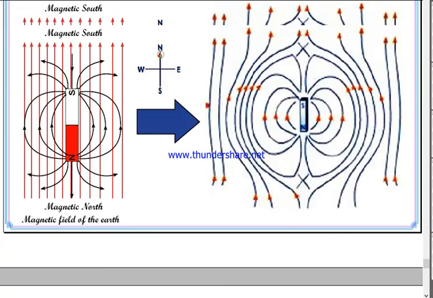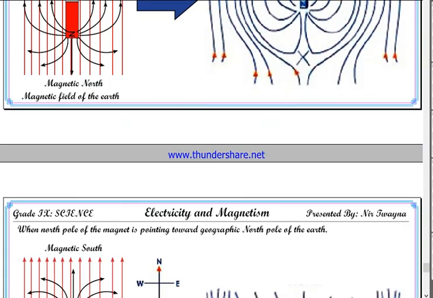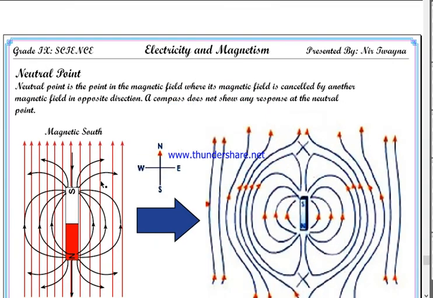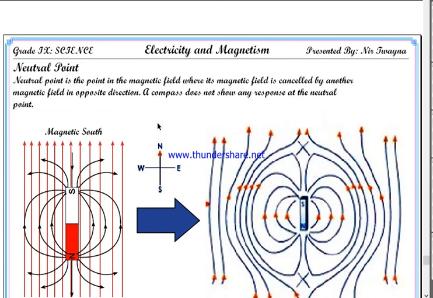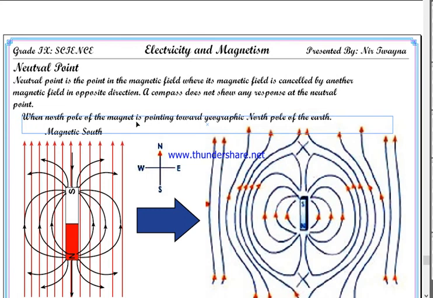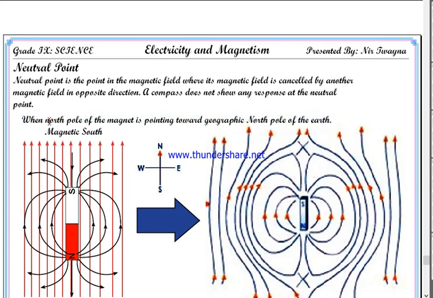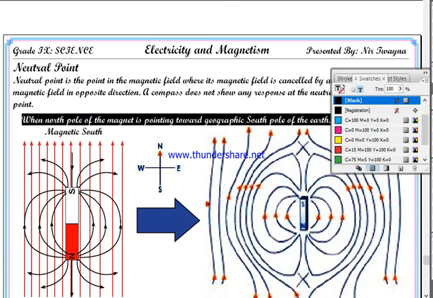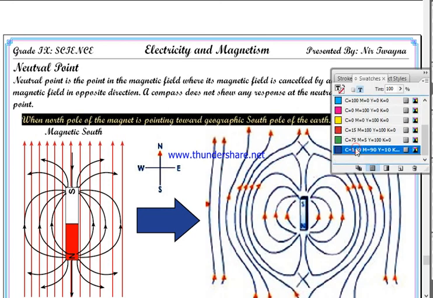And this is the case when, just the opposite, the north pole of the magnet is pointing toward the geographic south pole. Okay, you need to get these two very clearly.